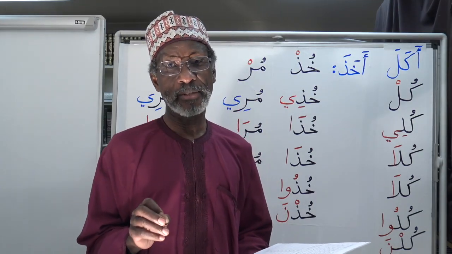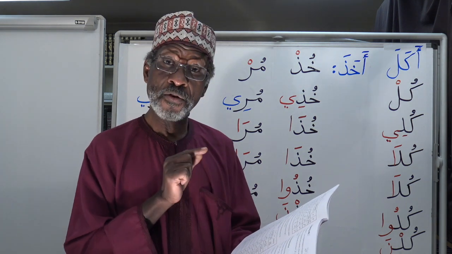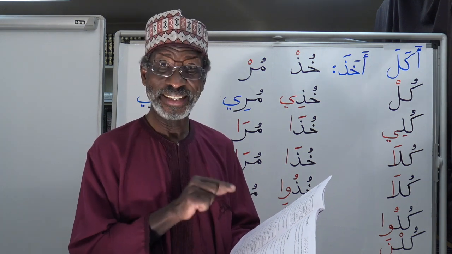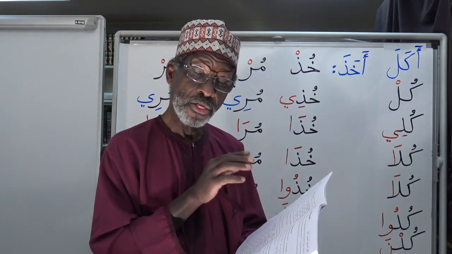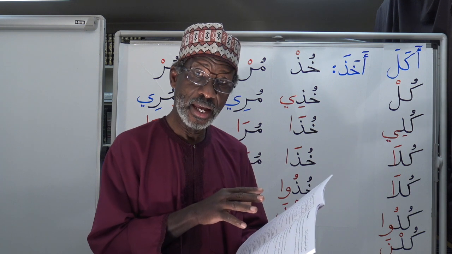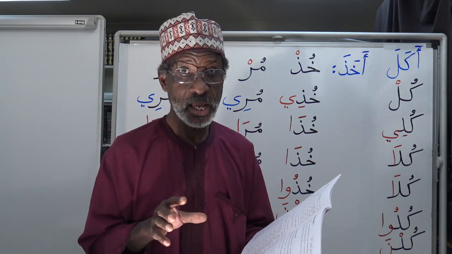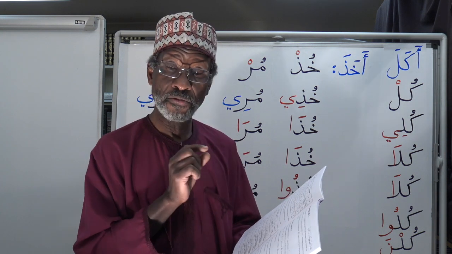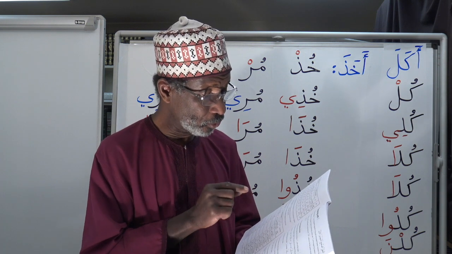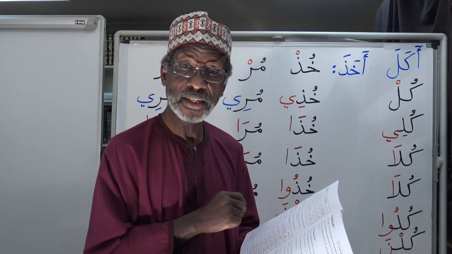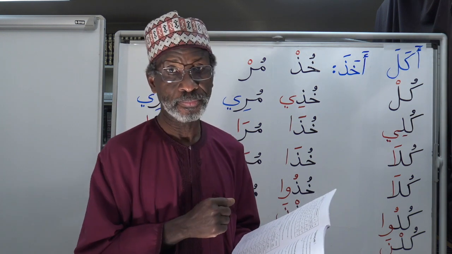Now, let's look at page 35, and we will see that there are three other verbs starting with Hamza. These three verbs behave differently in the imperative, and they are the verb to eat, akala, the verb to take, akhadha, and the verb to command, amara.